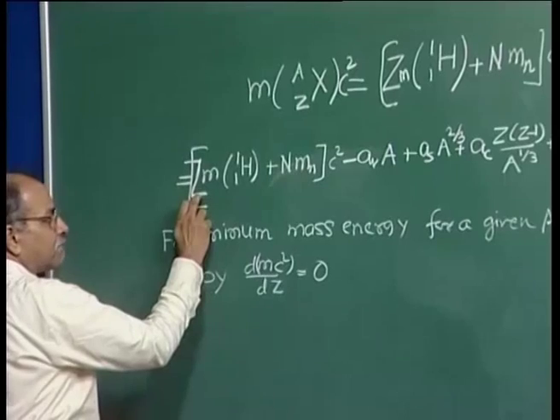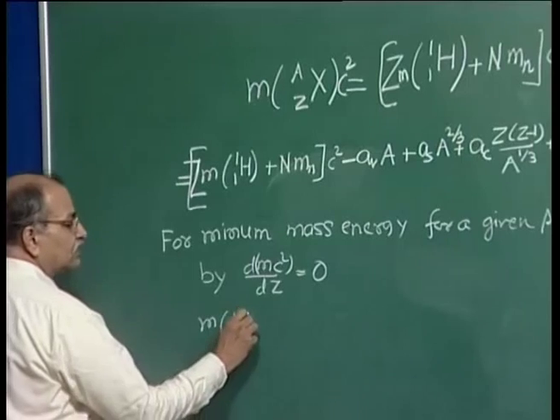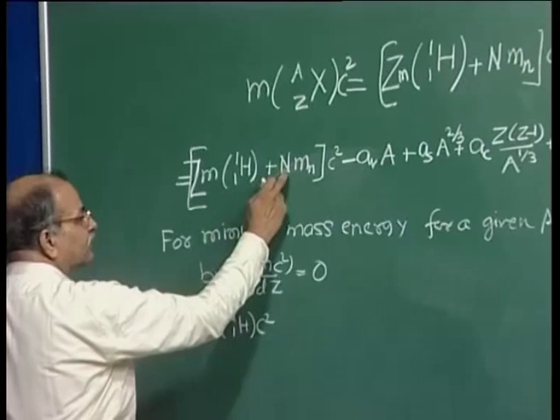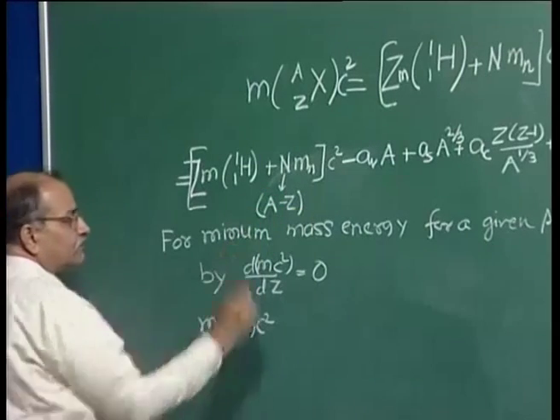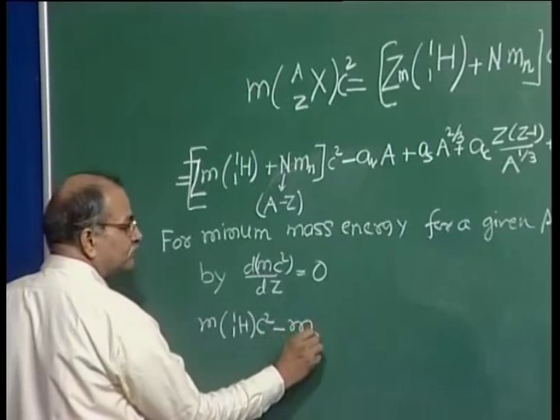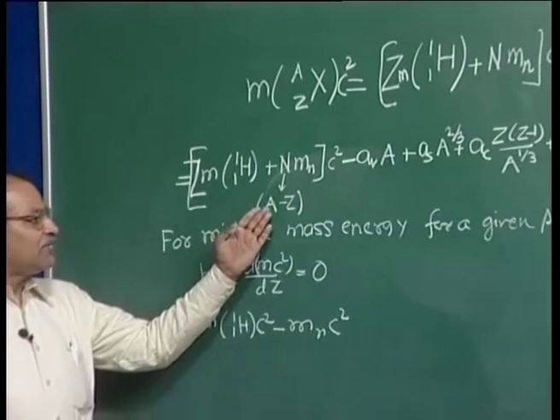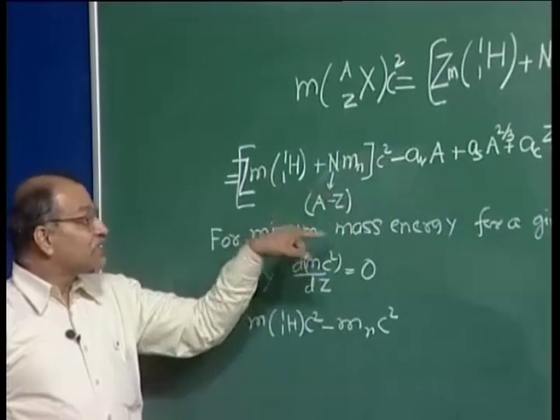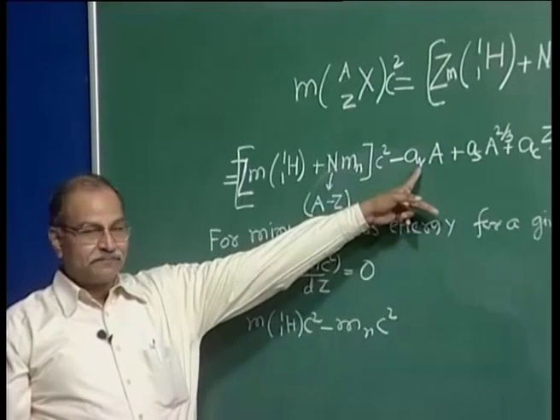So, here you have a Z. When you differentiate, it is the mass of the hydrogen atom times c square. Here you have N, so let me write this as A minus Z. Then it will be minus M_n c square, because I am keeping capital A constant and varying Z. So minus M_n c square; no Z in the binding term, A is constant.